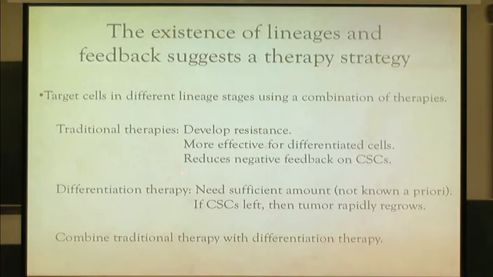And that means automatically you're not killing the resistant cells. And second, by killing the differentiated cells, you relieve feedback. You're killing off the guys that are controlling them, and so you can dramatically increase the number of stem cells as a result of both of these mechanisms. This increases the fraction, and this increases the number.